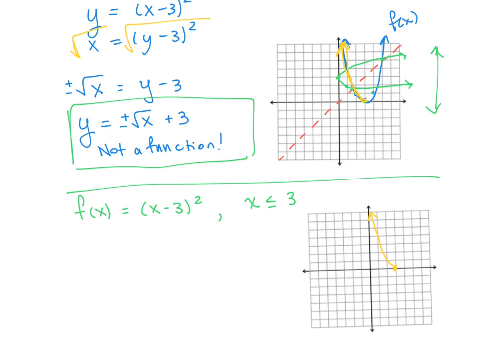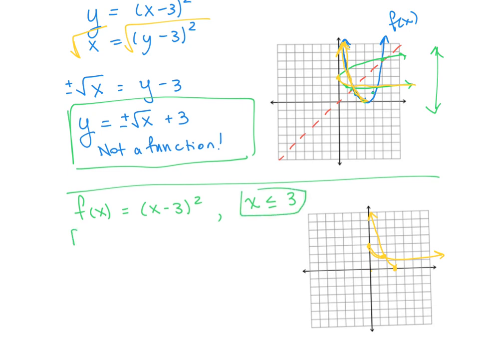Then I have to see which part of the sideways parabola corresponds to it. It's going to correspond to the lower part of the parabola. And we'll see why in a second, but I'm going to graph that now. It's going to be this little part, right? And the reason is that for f of x, they've restricted the domain.